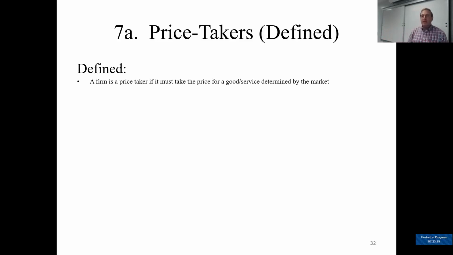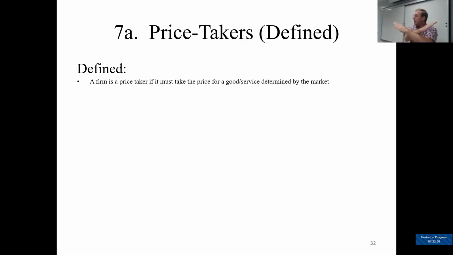It has to take the price that's determined by the entire market, that is, by the entire set of consumers representing demand, and the entire set of suppliers representing supply. This is my technical way of saying supply and demand, and that's going to yield a market price that has nothing to do with the individual, and I'll explain that by illustration in a moment.